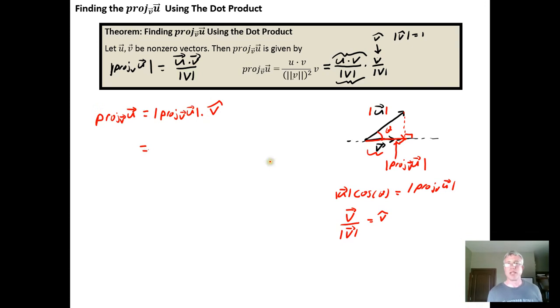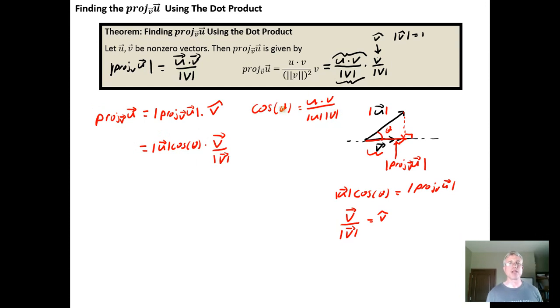And here we see that the size of the projection is just the size of u times the cosine of theta from trigonometry, times v hat, which is just the vector v divided by the size of v. And then in a previous video we discovered how to calculate the cosine of theta. We discovered that the cosine of theta is just u dot v over size of u, size of v.